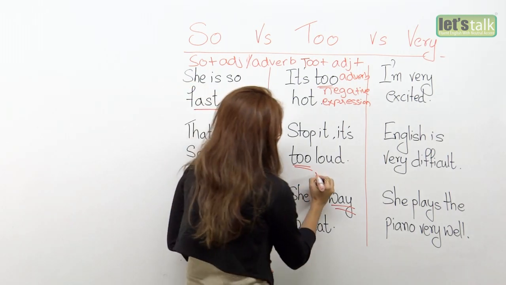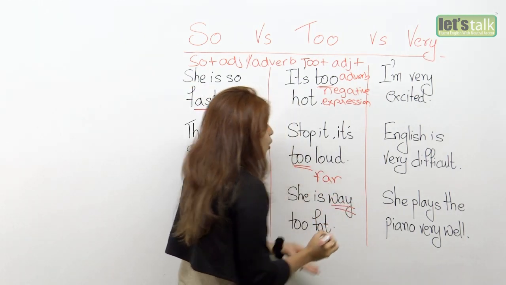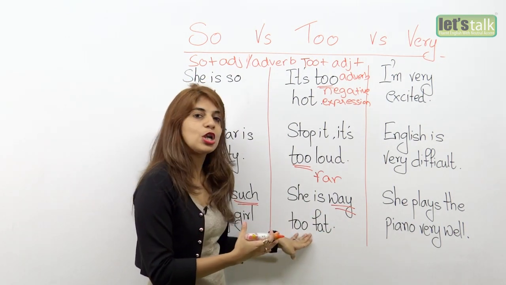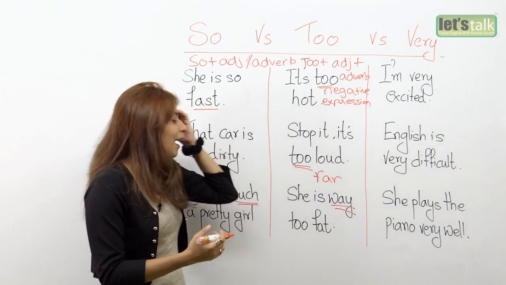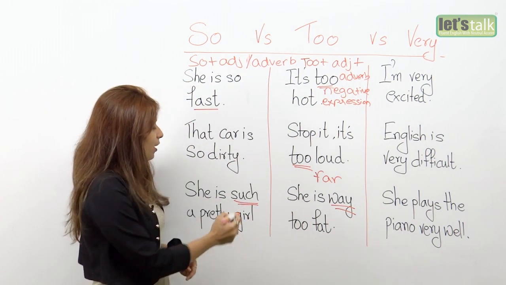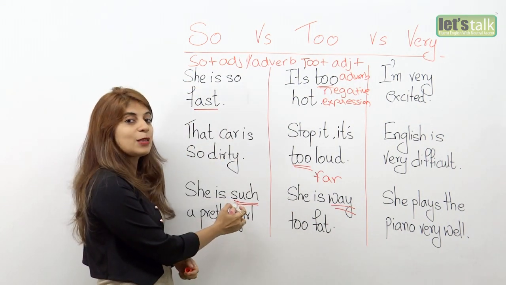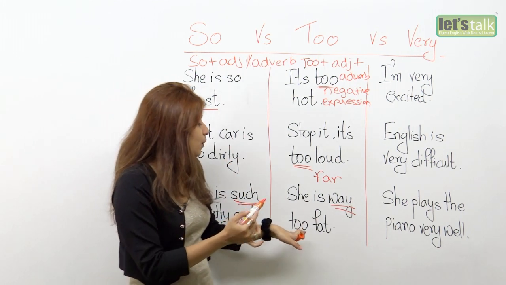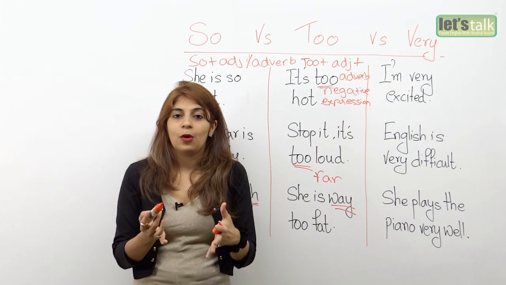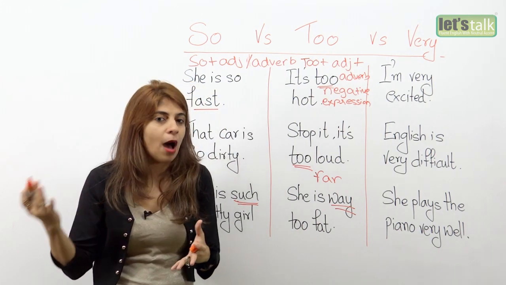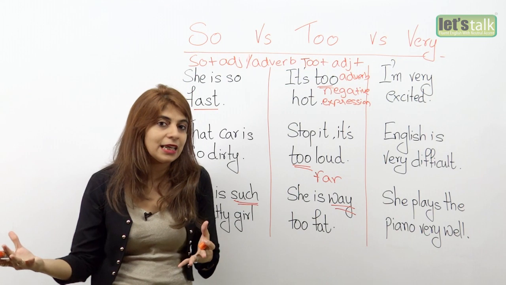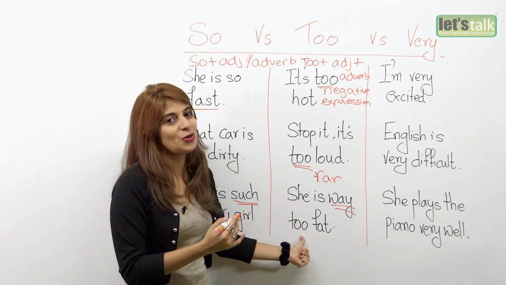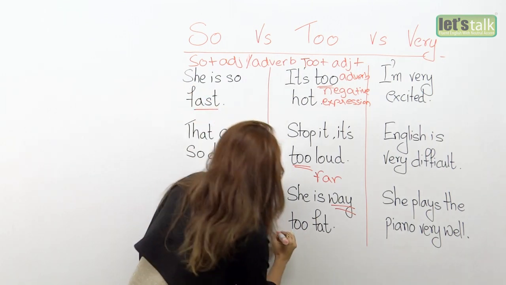So intensifiers like far or way can be used before the word too. Now, even expressions like too much or too many are used in a similar manner to the way we use the word too.